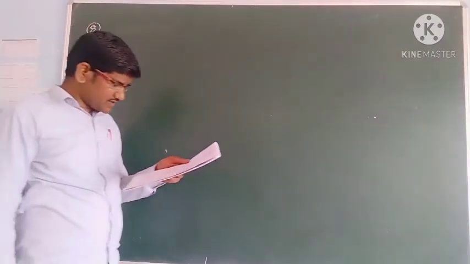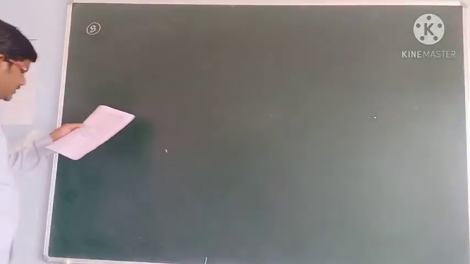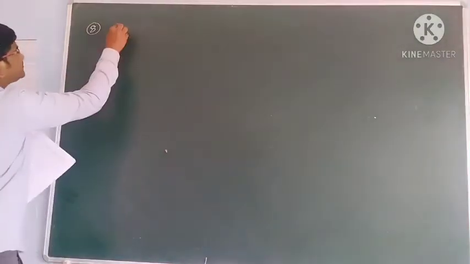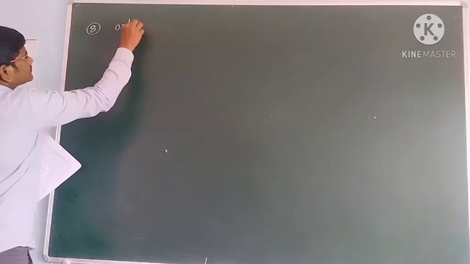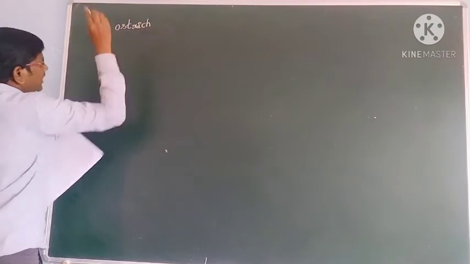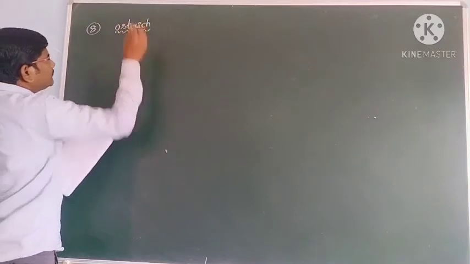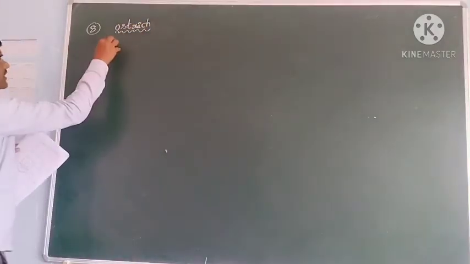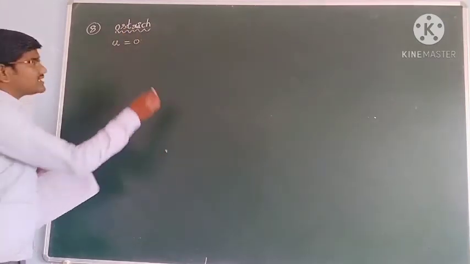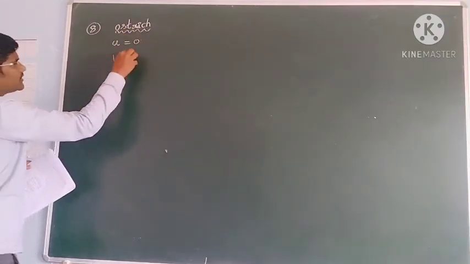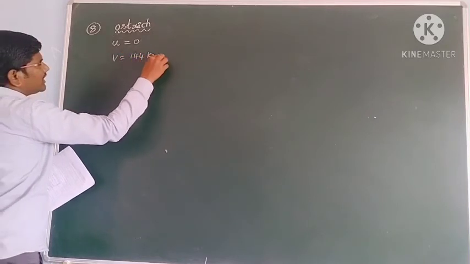Okay, see students, an ostrich can acquire a velocity of 144 km/h. It acquires a velocity, which means its initial velocity is 0 and it is acquiring a velocity V is equal to 144 km/h.